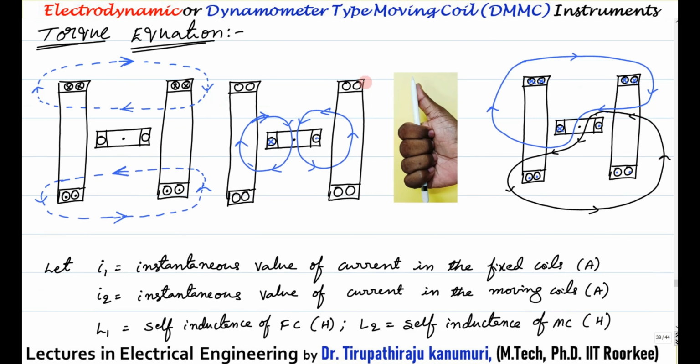Let us see how the torque is produced in this instrument and what is the equation. So if you are taking the fixed coil, which is non-moving type, which is on the stator, it will have a shape like this. This is the coil. Whenever the current passes through the coil, we can find the direction of the magnetic field produced using the right hand thumb rule.